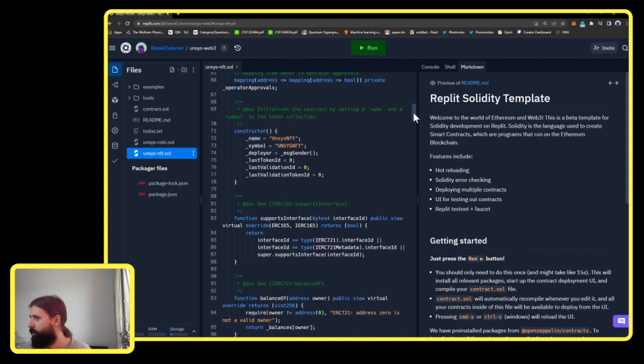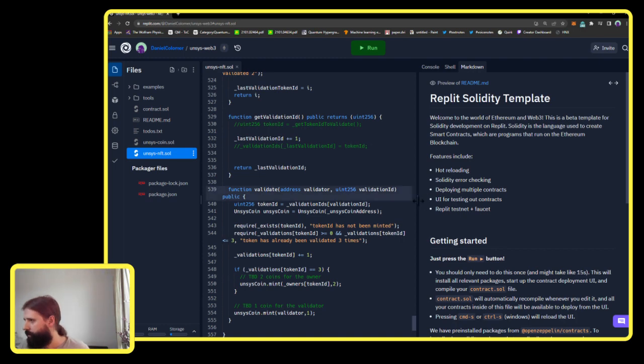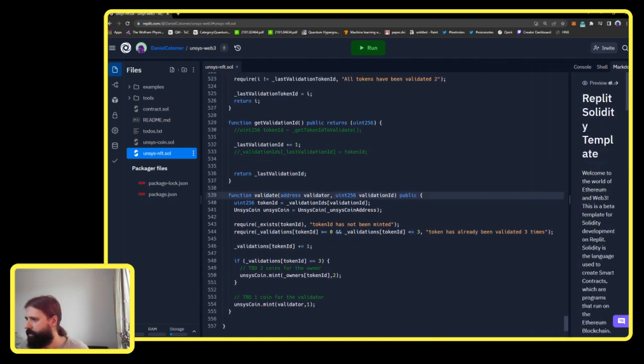So here we have the validate function. What we will basically be doing is, I think we'll keep that. I think we'll reward the owners every time it gets validated 3 times.